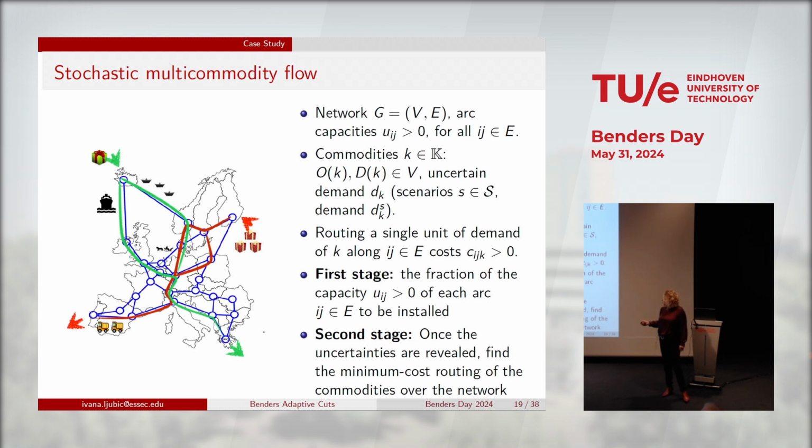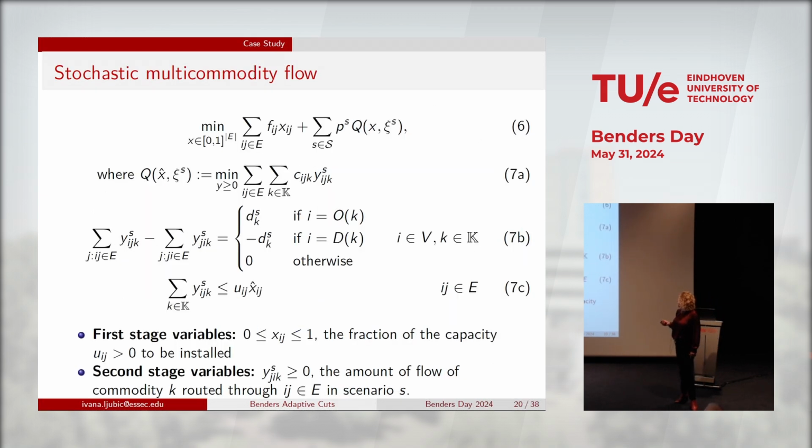So that is our capacity u_ij that we want to install on each of these links, so that the routing costs in expectation across all different scenarios will be minimized in such a network. Because once the uncertainties are revealed, we are going to find for each of these demands an appropriate least cost routing solution. So let's look at the MILP.